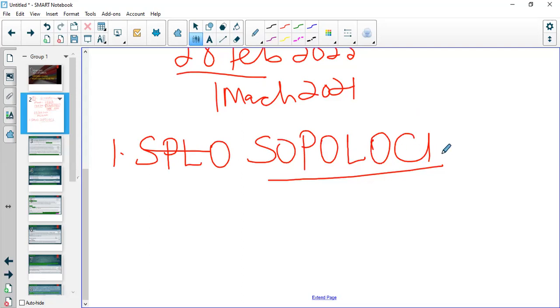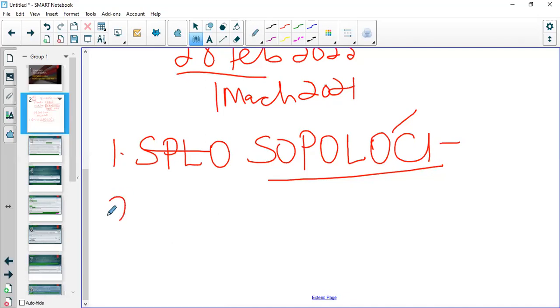This is what we report on, and this is the statement of financial performance, or we sometimes refer to it as the income statement, just to make it easy. But more correctly it is the statement of profit or loss and other comprehensive income.